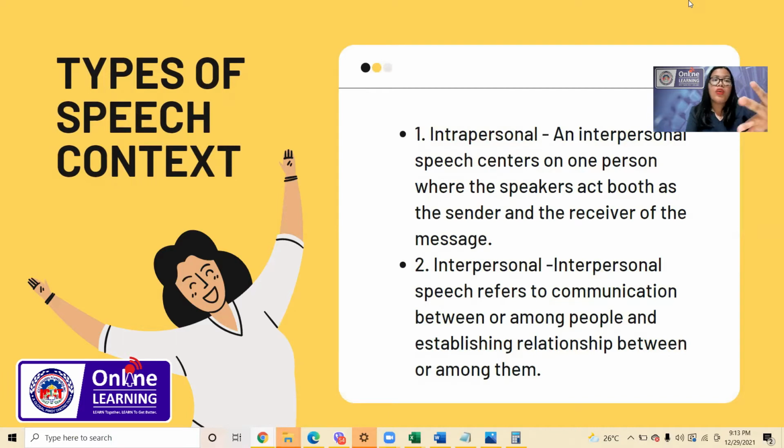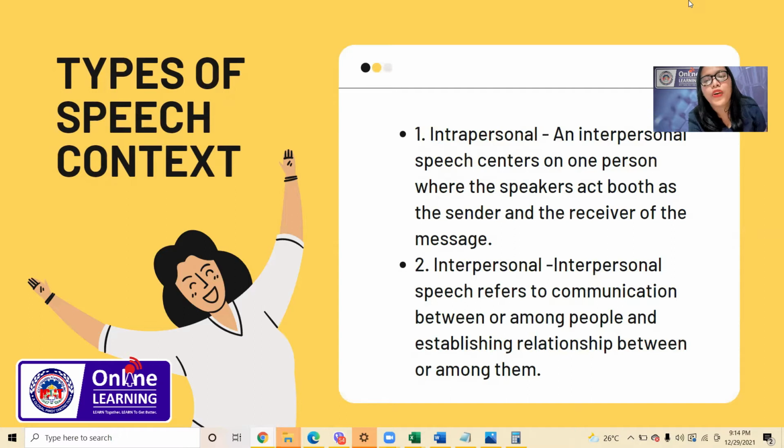For example, you're talking to yourself in a mirror, or you're talking to yourself when practicing your speech, as a cum laude or when you have an academic excellence award in school.